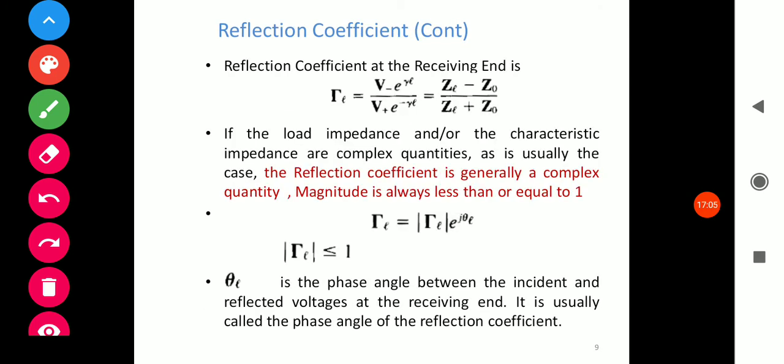The reflection coefficient at the receiving end, at distance L from the source, is gamma L equal to ZL minus Z0 divided by ZL plus Z0.